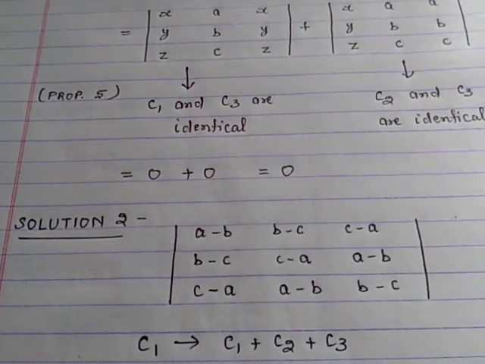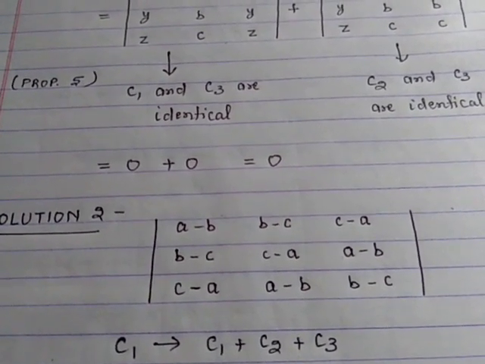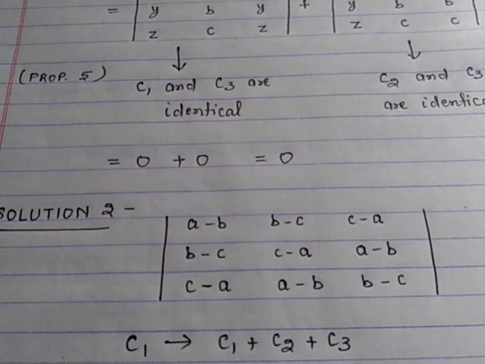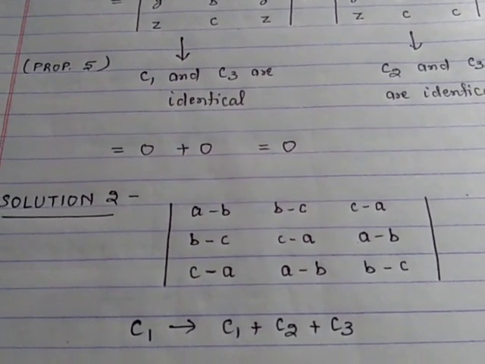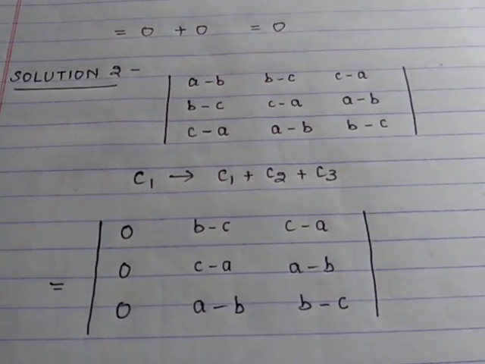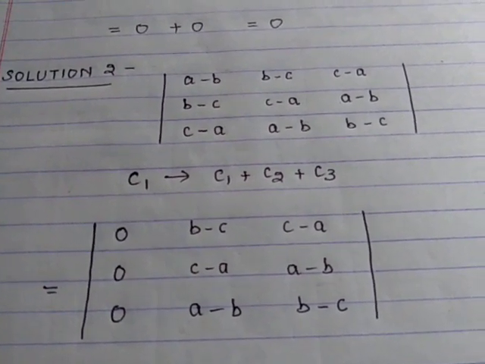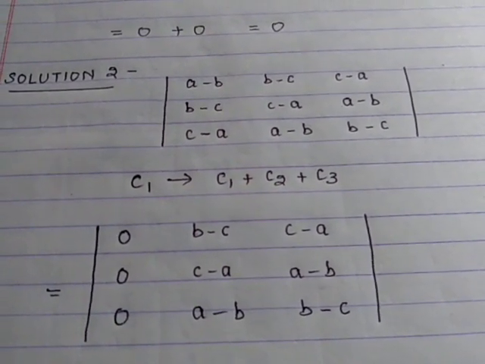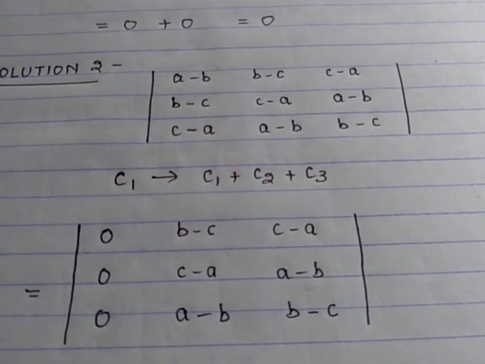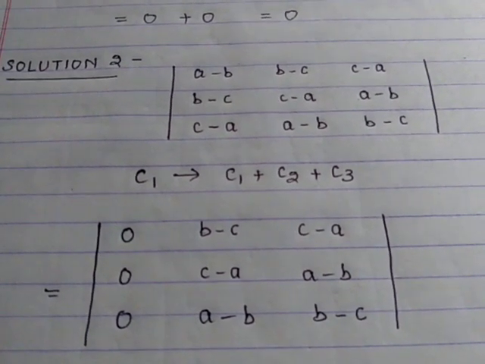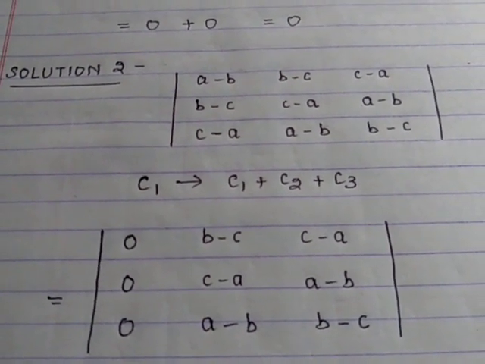So here you can see, in place of column 1, we apply C1 plus C2 plus C3, and we will get the first column with all elements 0. C2 and C3 remain the same because we are applying the property only in column 1.